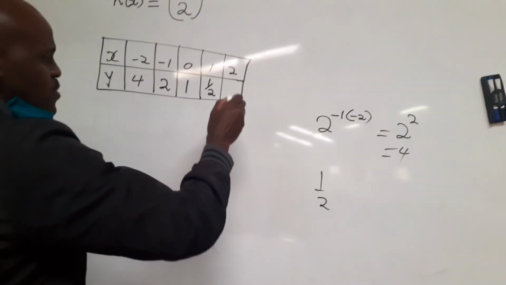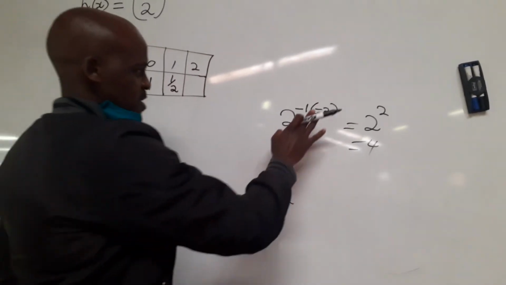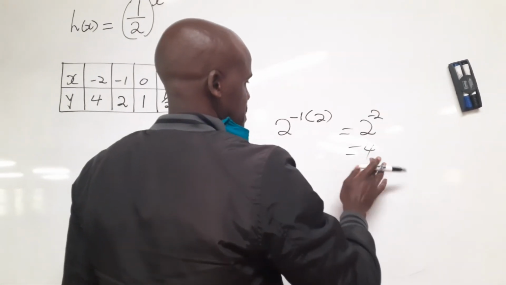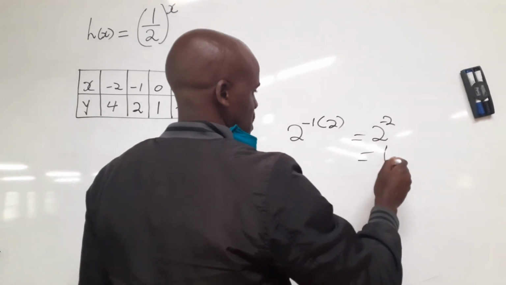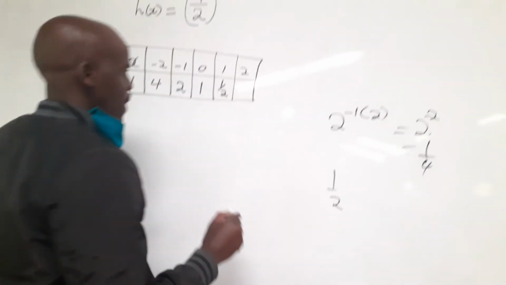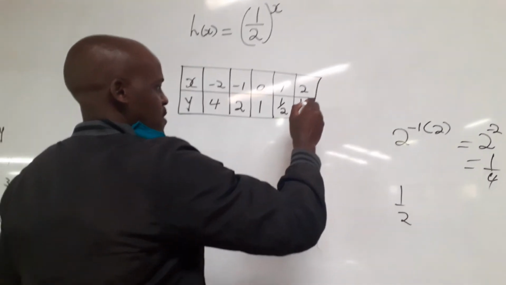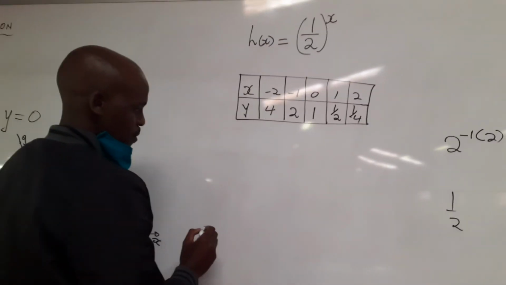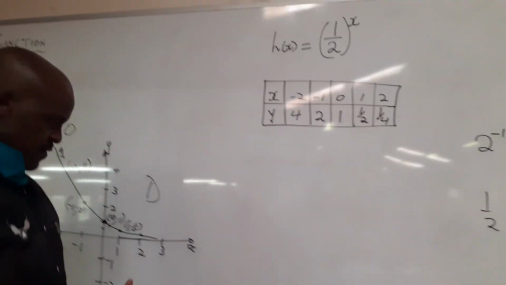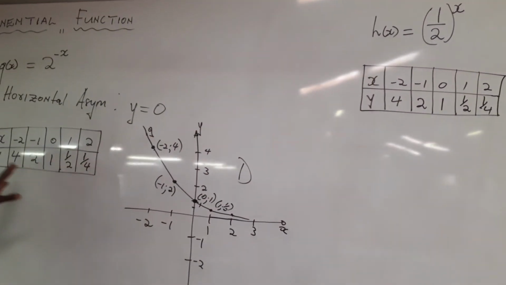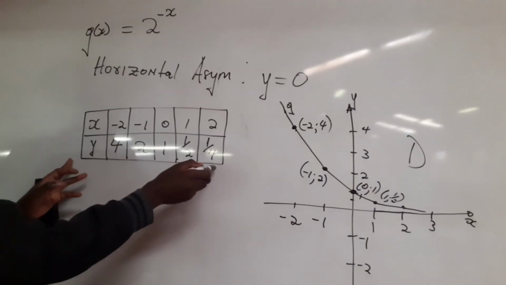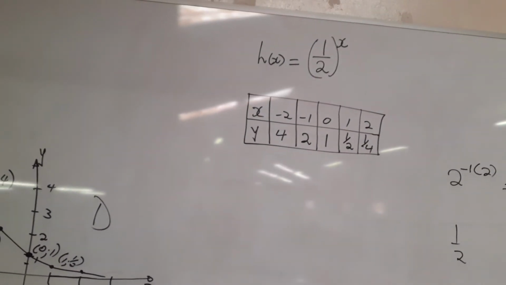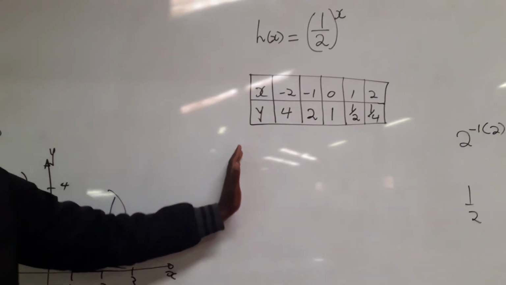When we are to put positive 2 here, this will be that, which means our answer is 1 over 4. Let's sketch the graph. But without even sketching the graph, we've got same values here. This table is the same exact as the other table, which means our function is decreasing.